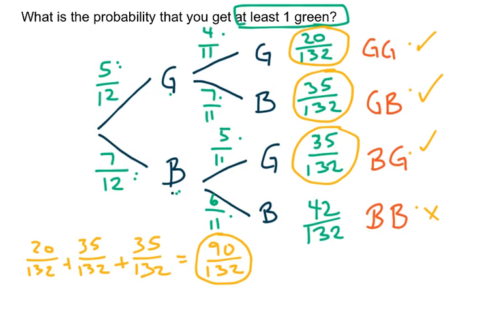To write it as a decimal, I'll divide those and get 0.6818. And if I want to write this as a percent, it would be 68.18%. The probability of getting at least one green, 90 out of 132, or 0.6818, or 68.18%.